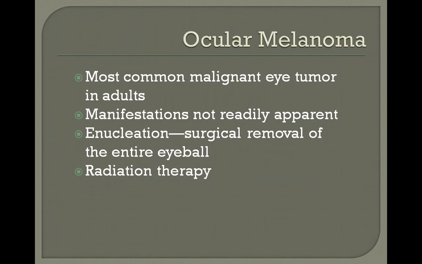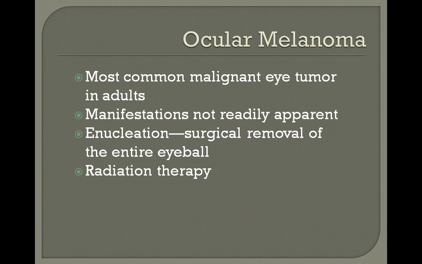Now, with the ocular melanoma or cancers of the eye, retinoblastoma is a rare cancerous tumor of part of the eye called the retina. The definition of retinoblastoma, it's usually caused by a mutation in a gene controlling cell division.